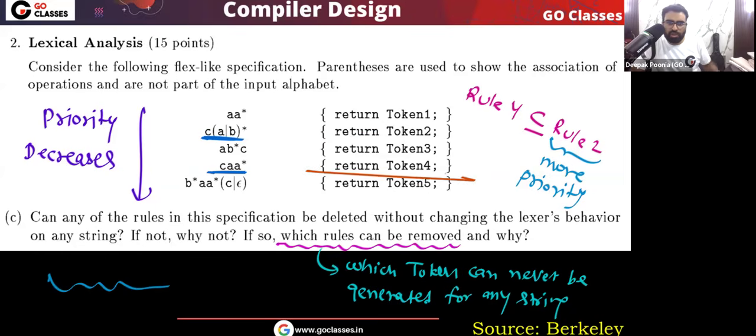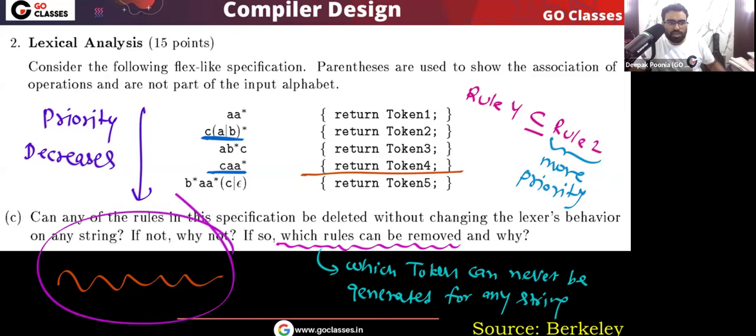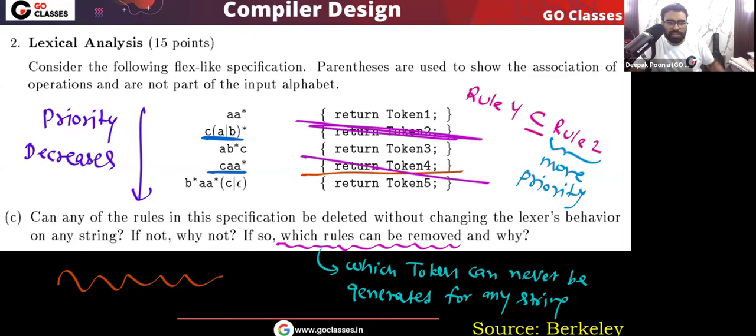Actually, you will not generate token 4, you will generate token 2. Do you agree with me? Just understand, for any string, if you are thinking that okay, let's generate token 4 because this string is matching this rule, then this string is also matching this rule 2, and this rule 2 has higher priority. So instead of generating token 4, you will actually generate token 2.